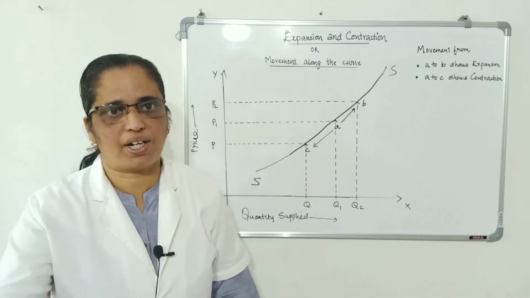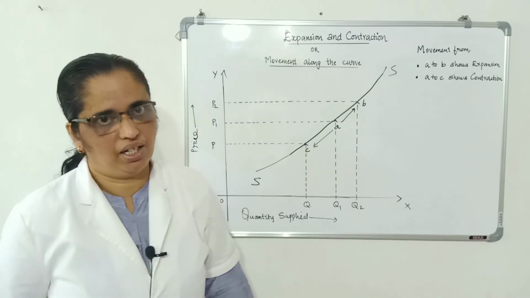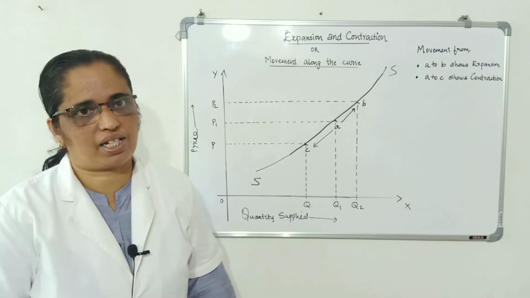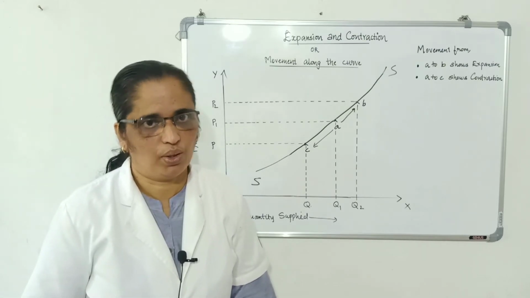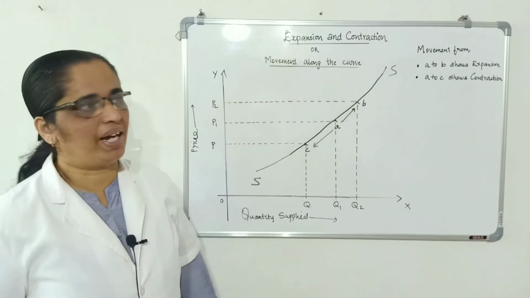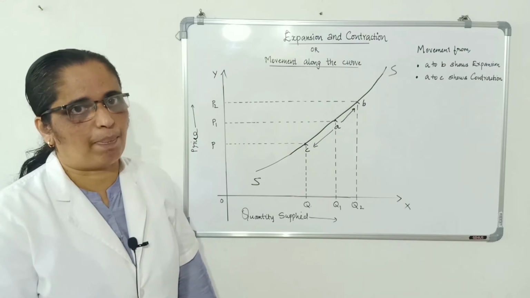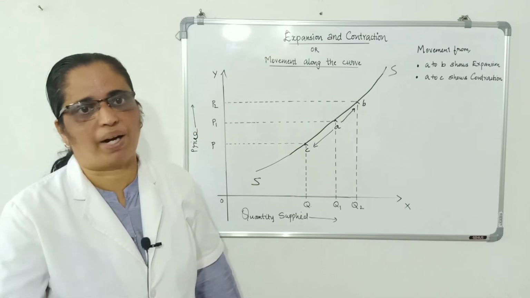What do you mean by expansion? Supply expands at a higher price. Supply contracts at a lower price. So, expansion means supply expands at a higher price. Contraction means supply contracts at a lower price.